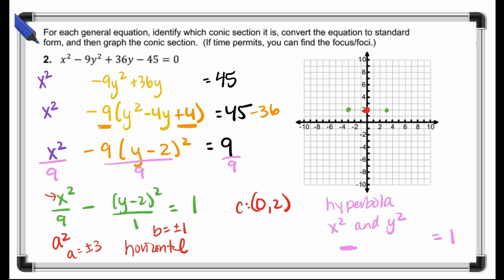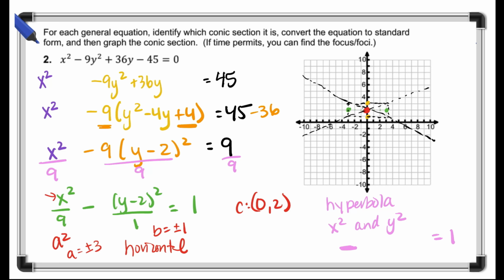And in the y direction, we're going to go up 1 and down 1. Okay. Now remember, with a hyperbola, this is going to help you to make that box, which will then help you to figure out how to draw your asymptotes, which will help you to see how to make the branches of your hyperbola.